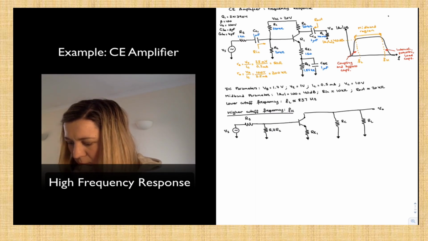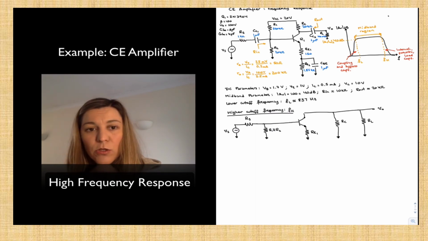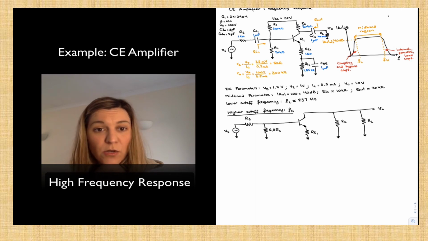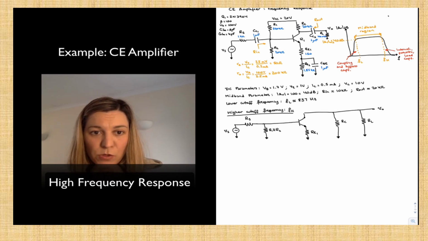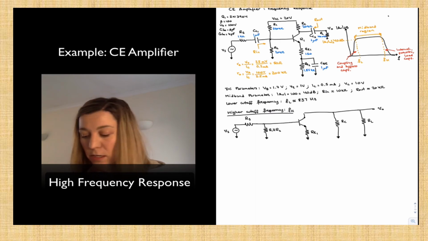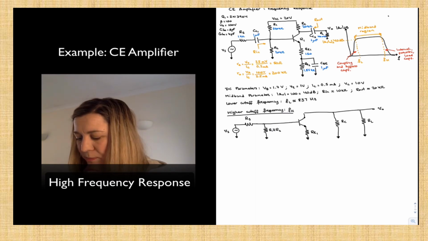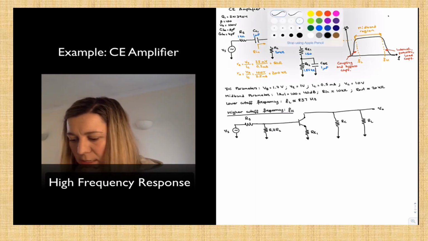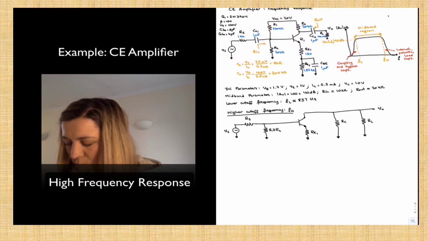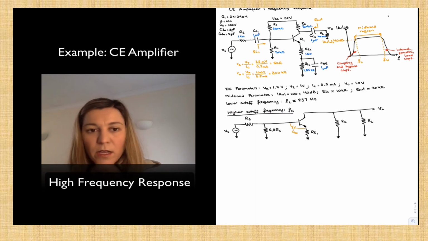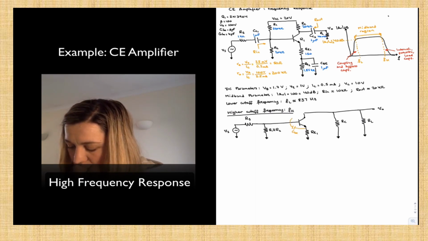And the other thing I need to include now are the capacitances that are going to affect the high frequency response. And those are going to be any internal capacitances of the transistor, as well as load capacitances, parasitic capacitances, etc. There are two internal capacitances. One of them is CBE, and another one is CBC.